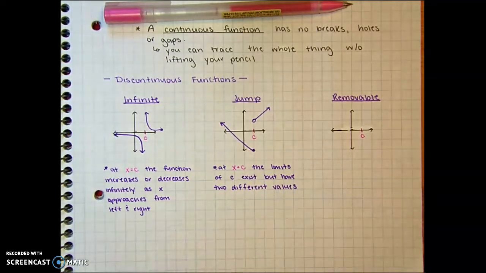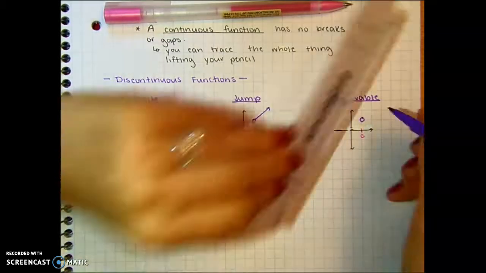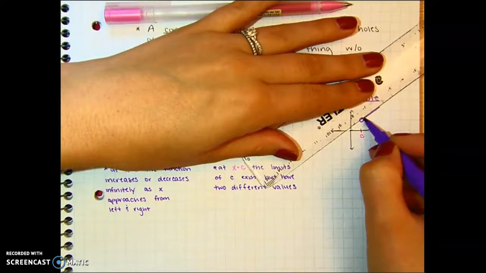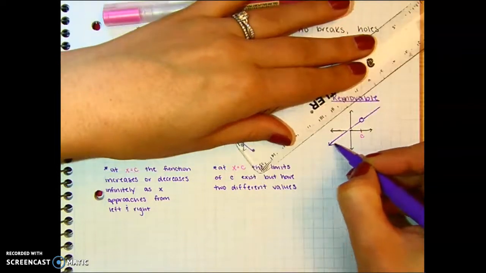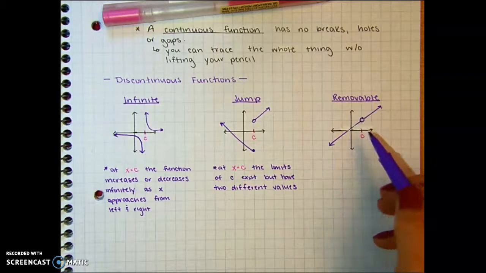Okay, and then let's talk about removable. Removable means there's a hole at C, but it's continuing everywhere else. So my function might look like this. It's almost continuous, but there's a hole.